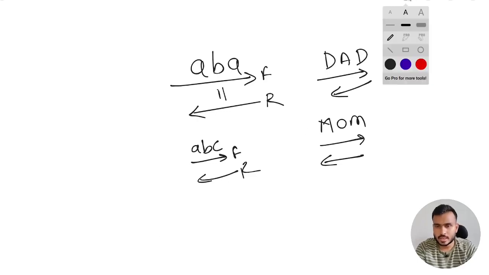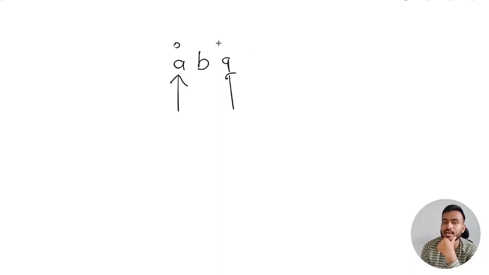So let's clear this whiteboard. Okay, now focus very carefully. For example, if I have this string A, B and A, what we can do is start with two indexes. The first is the 0th index and the second one is the last index. In this case it is 2. So we are going to have the values of two indexes, the first index and the last index.